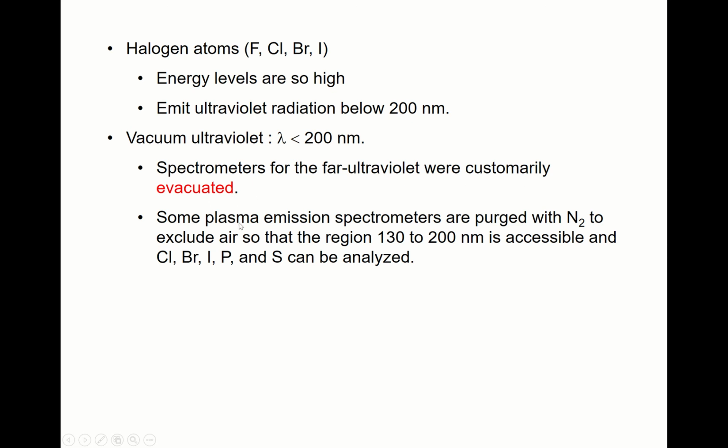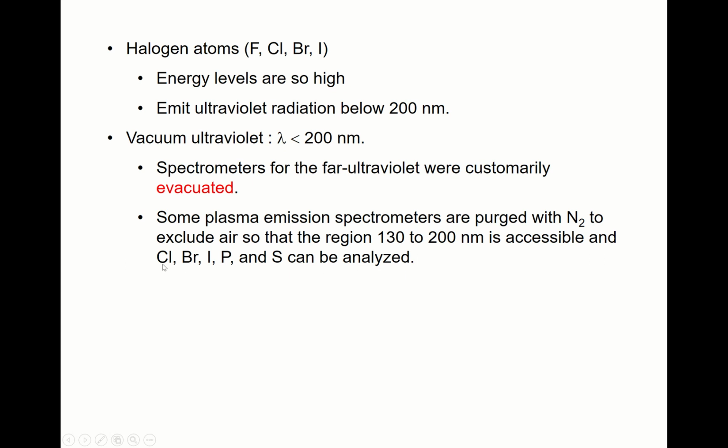Some plasma emission spectrometers are purged with nitrogen to exclude air, so that the region 130 to 200 nanometers is accessible, and chlorine, bromine, iodine, phosphorus, and sulfur can be analyzed.